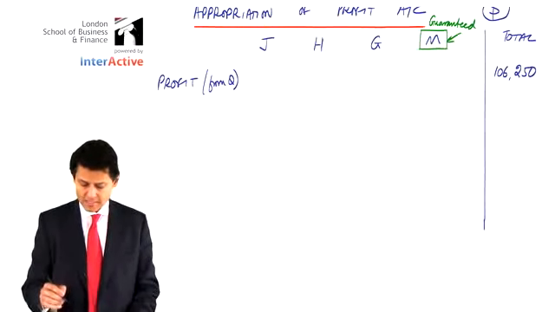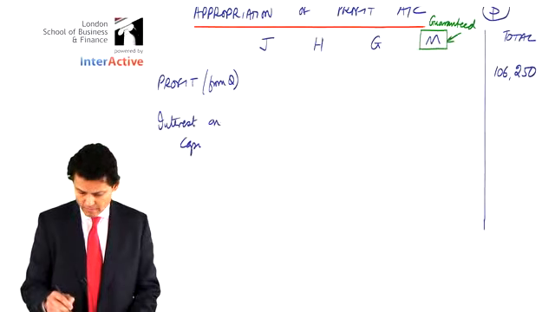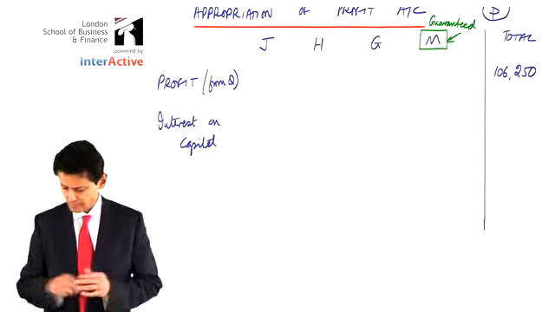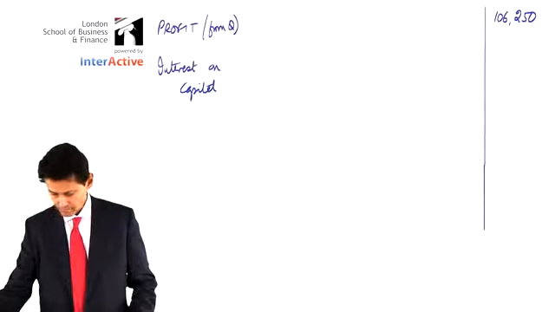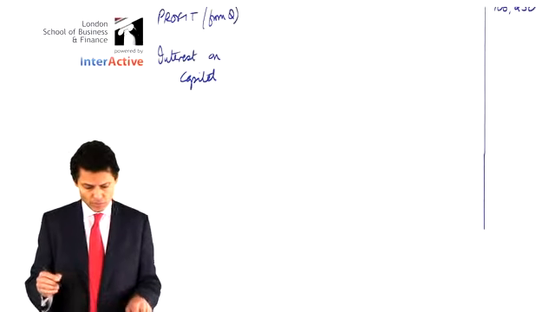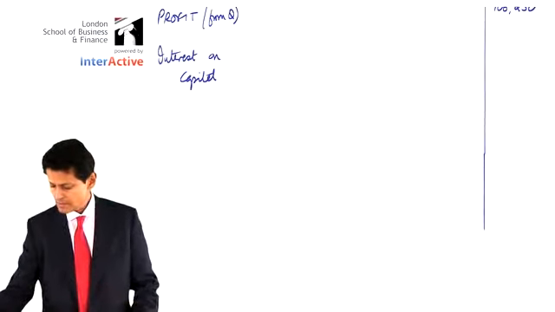We've just worked out things like interest on capital, which of course we worked out as 5,000 for the various partners.